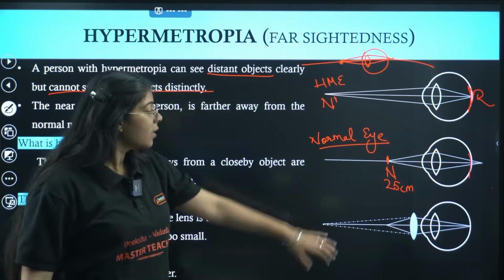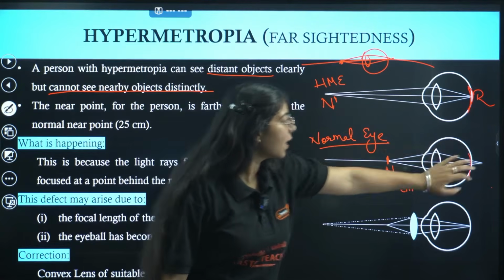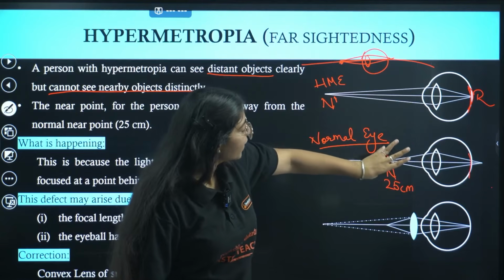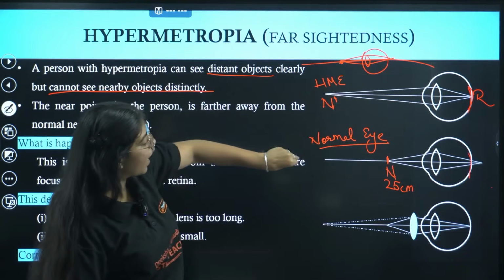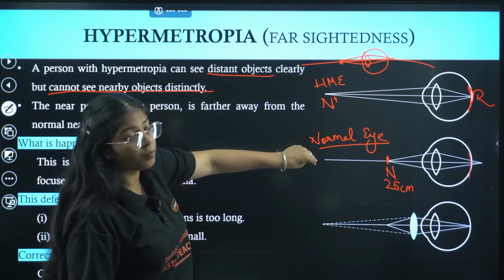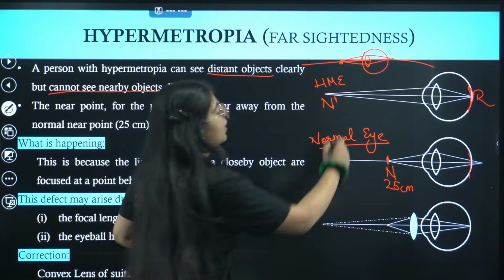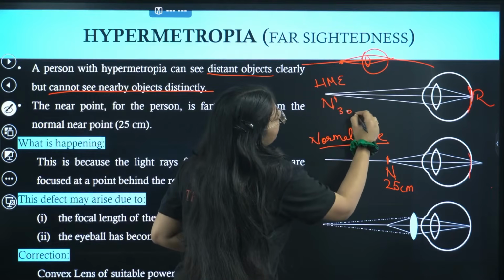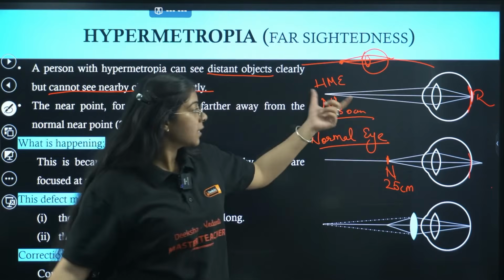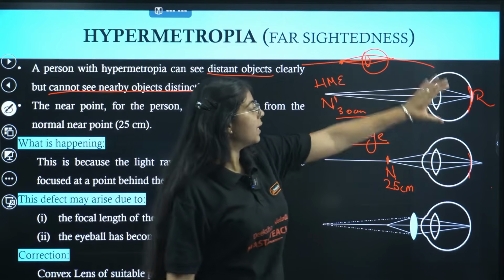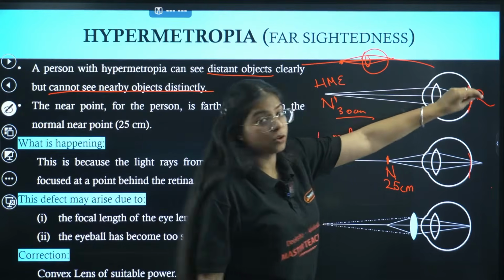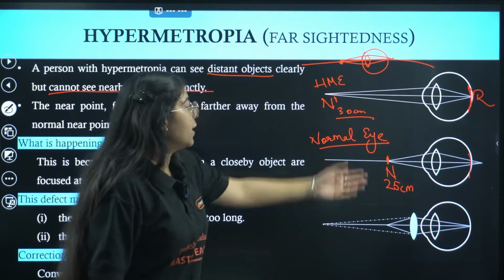Here it was focusing behind the retina. If I took this object and placed it far away from the eye, more than 25 centimeters, let's say 30 centimeters, my lens is able to focus the rays on the retina. So, I need to do something.